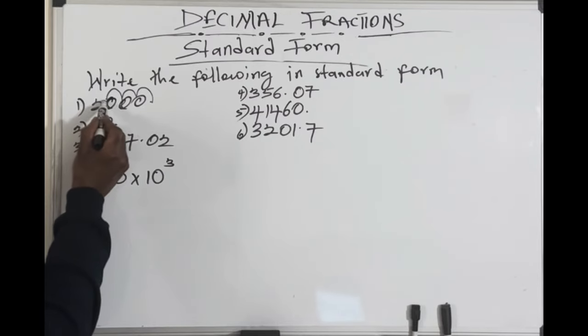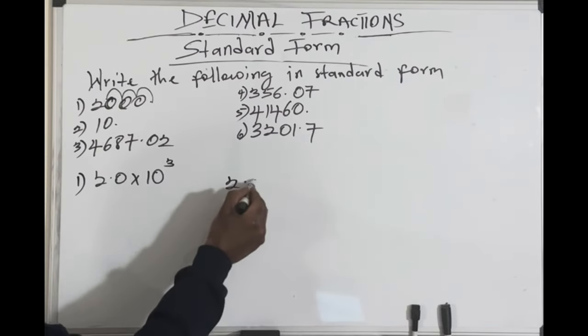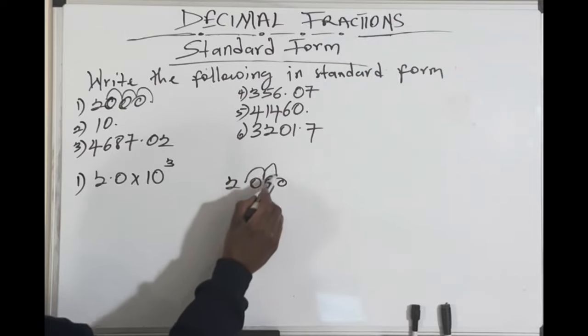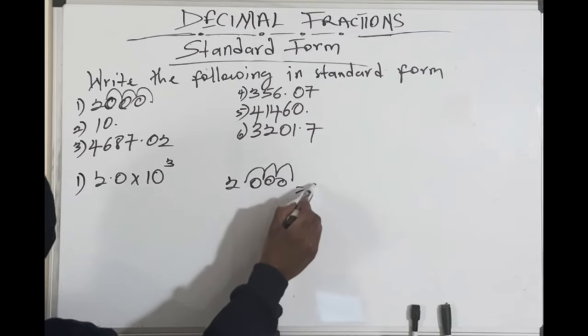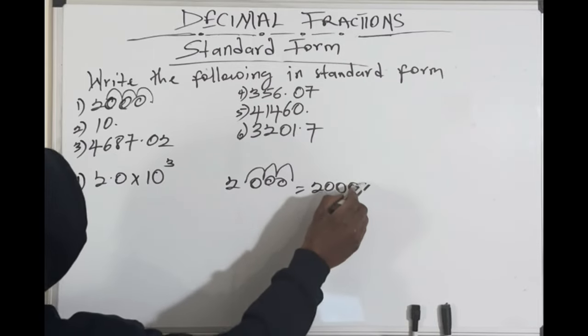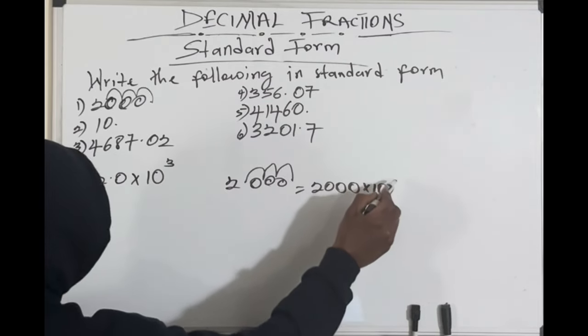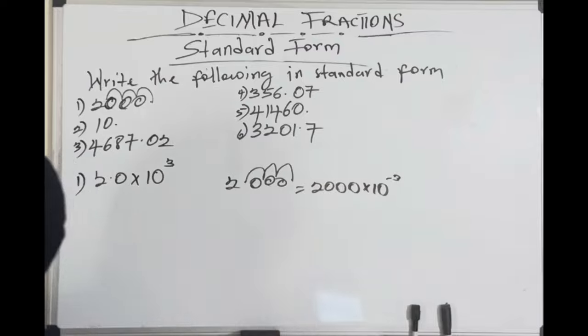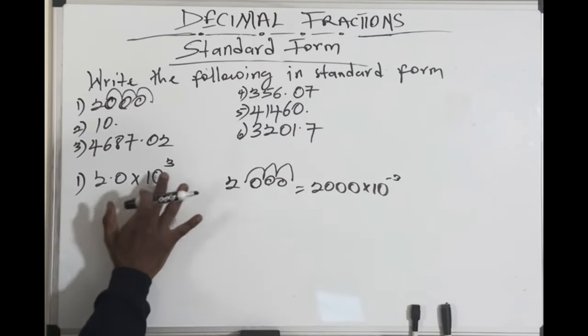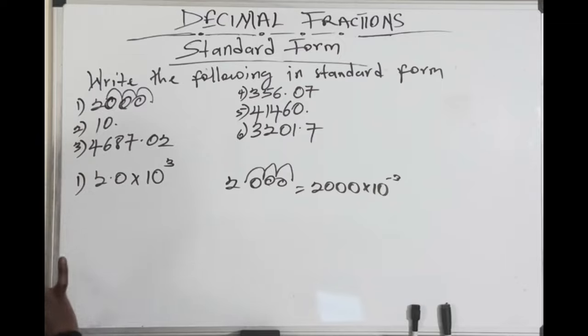If we are supposed to move from maybe the point was here, we have to move 1, 2, 3. It will be 2, 0, 0, 0 times 10. How many times? Negative 3. You see the difference? Because we move from right to left, it's positive. From left to right, it should be negative.